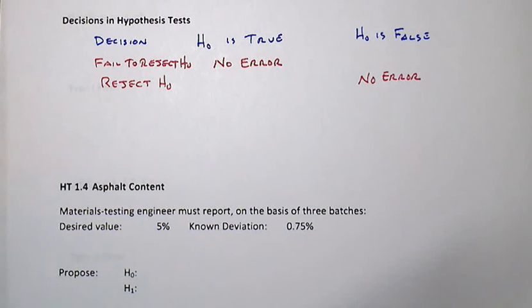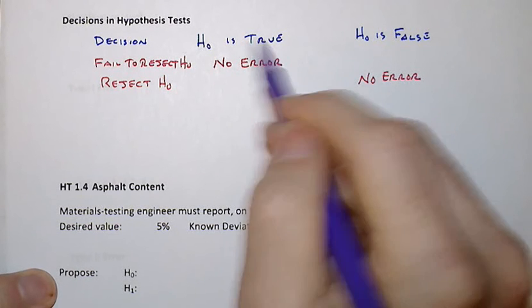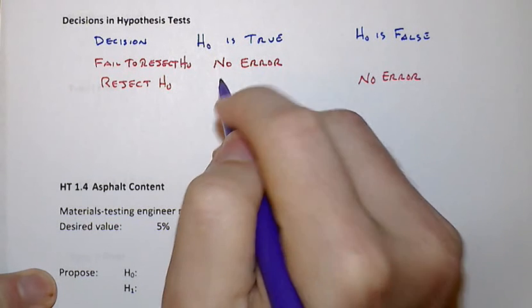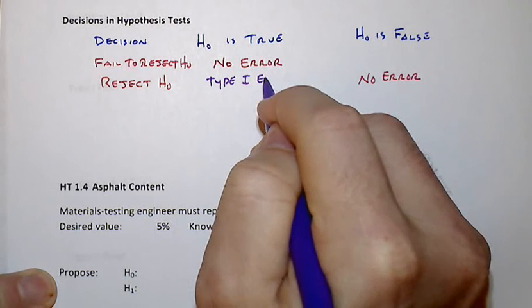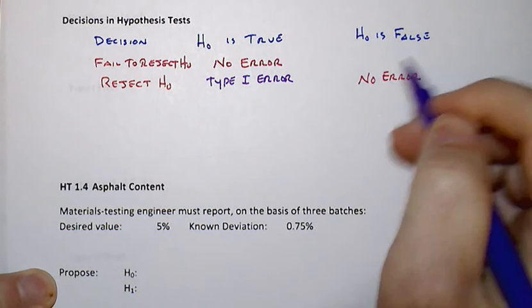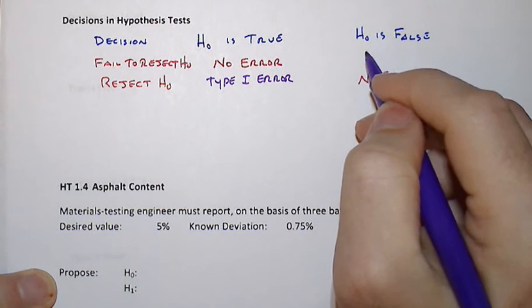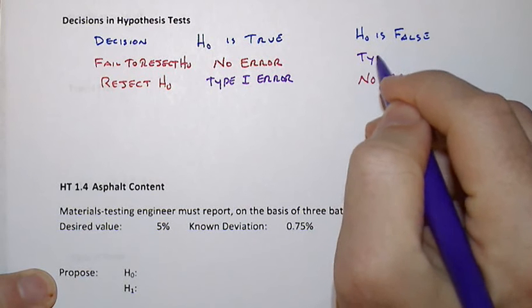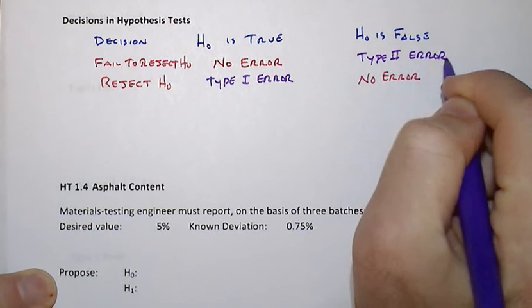On the other hand, if our null hypothesis is true and we reject it, then we have what we call a type 1 error. And if the null hypothesis is false, yet we fail to reject it, we have another error, and that one's called a type 2 error. Right?